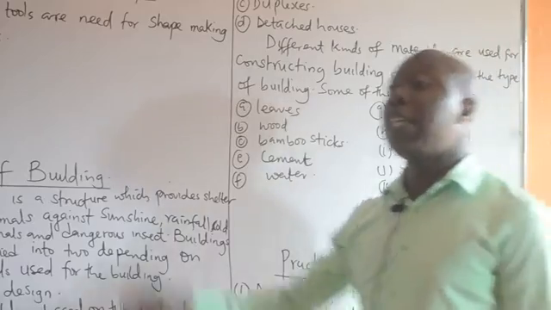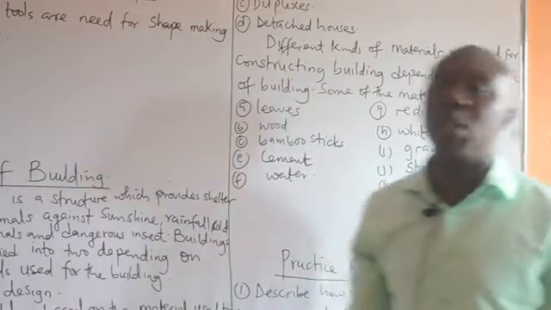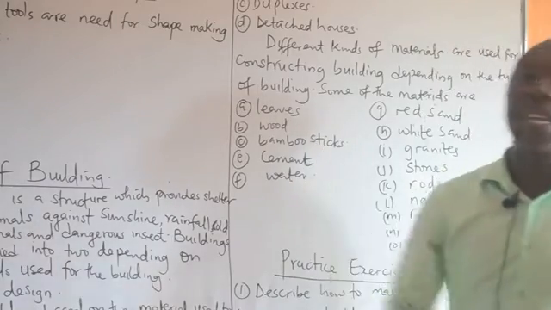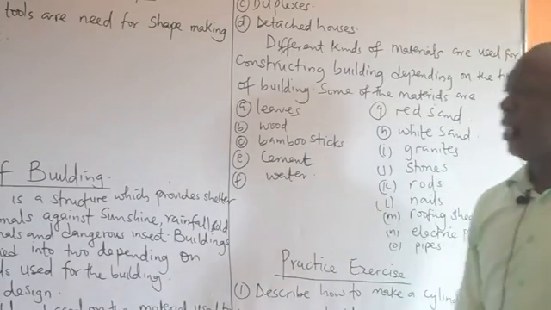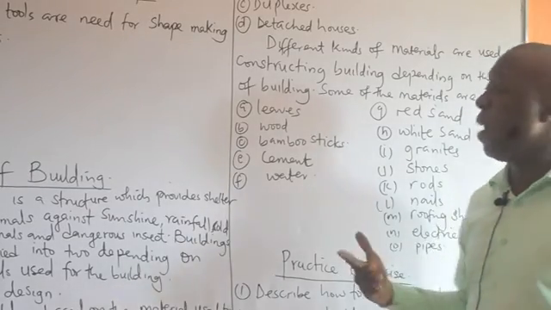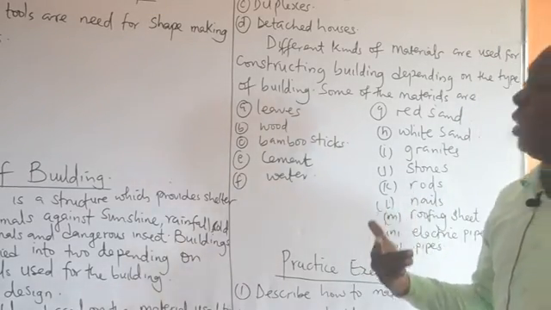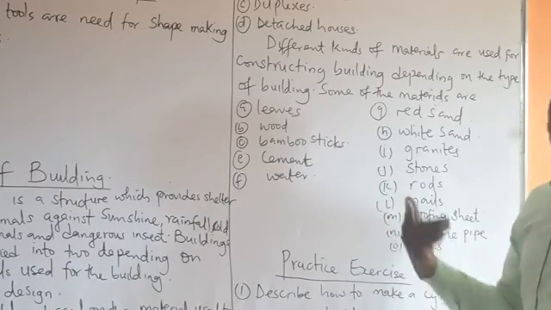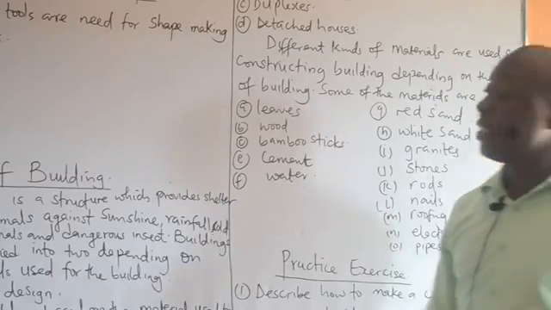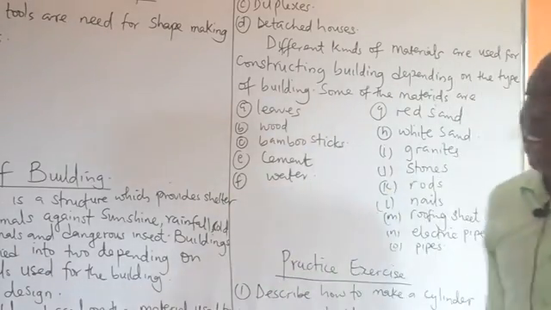That particular place where you live is a building because it protects you against wild animals. Then we have different types of buildings, and when we are classifying buildings, it can be classified into two: depending on the material used for the building, and secondly the building designs.